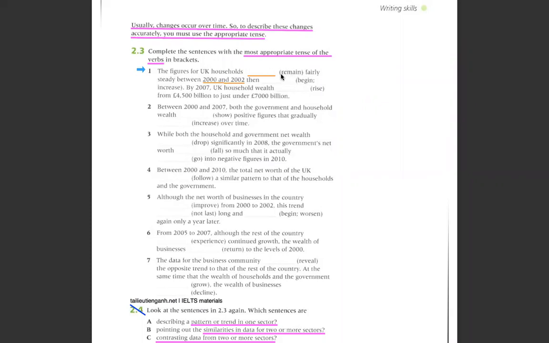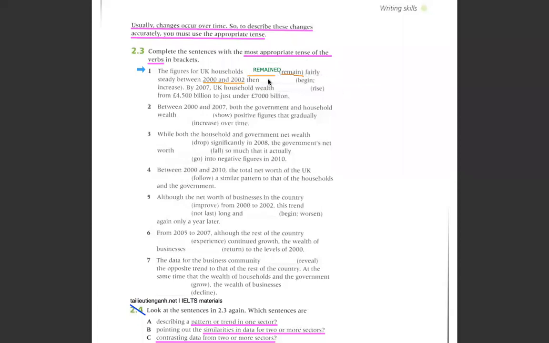I'd like you to just write the correct word for the gap. Okay, so don't tell me past or present, just write the correct word for the gap. All right, so remained is correct. We just use the past tense because we're talking about in the past.